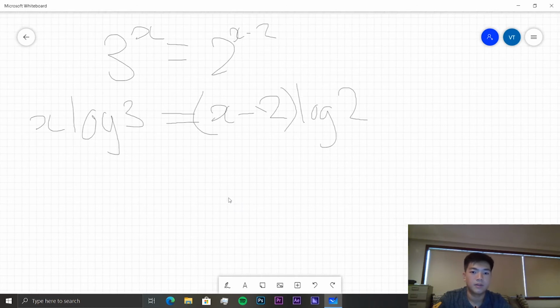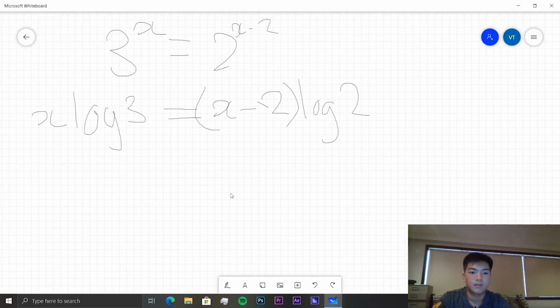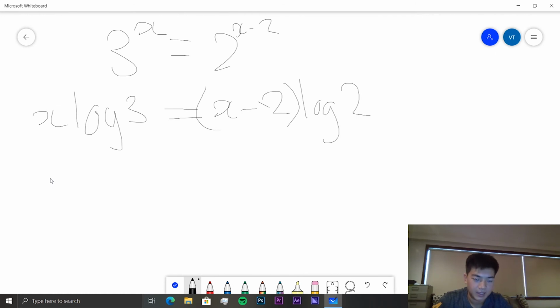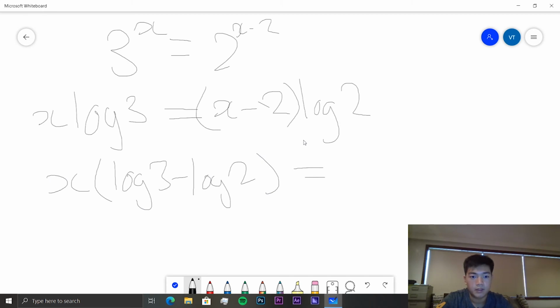So we have x times (log 3 minus log 2) is equal to negative 2 log 2.